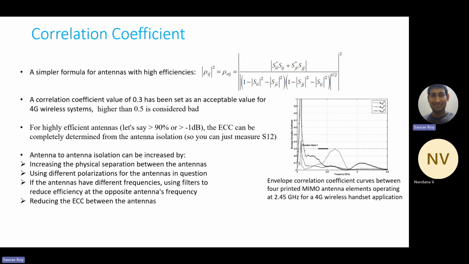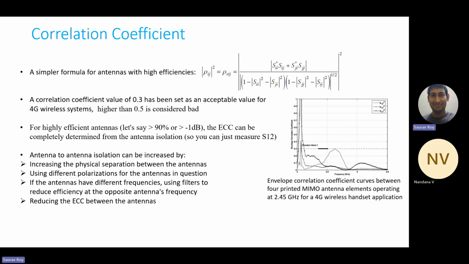If you have to take an antenna radiation pattern measurement in 3D, it will take a lot of time and it is very difficult also. But S parameters we can get from a VNA within minutes, right? So people have looked into an S parameter based formula. Here Sii is S11, S22, and Sji is the inter-port effect, like S21 or S12. If you have all these, you can calculate the same ECC.